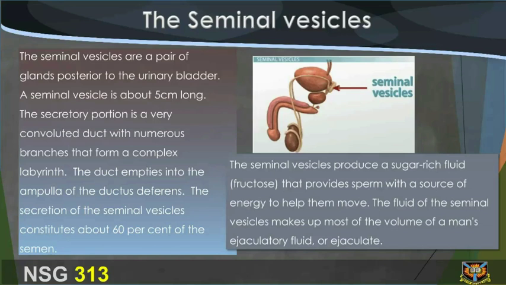The duct empties into the ampulla of the ductus deferens. The secretions of the seminal vesicles constitute about 60% of the semen. The seminal vesicle produces a sugar-rich fluid, fructose, that provides sperm with a source of energy to help them move. The fluid of the seminal vesicles makes up most of the volume of a man's ejaculatory fluid, or ejaculate.